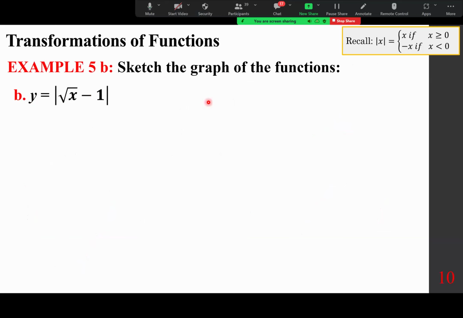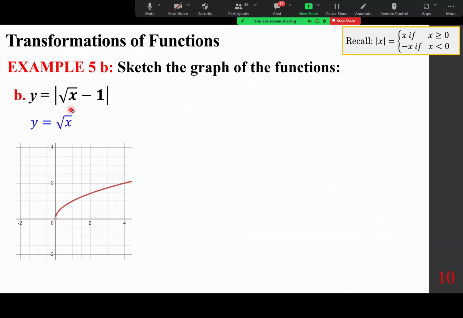We want to sketch the graph of this function. And to do so, first we want to sketch the graph of square root of x minus 1. So we're going to start with square root of x in fact. So y equals square root of x is one of those essential elementary functions. We should know the graph looks like this.